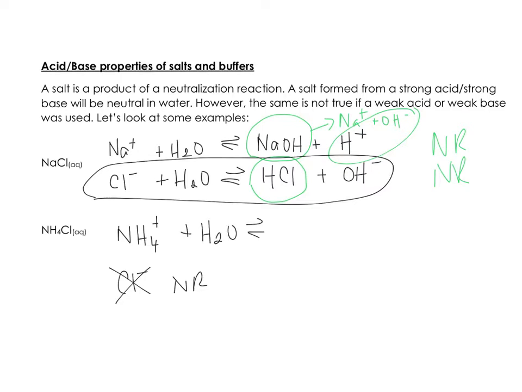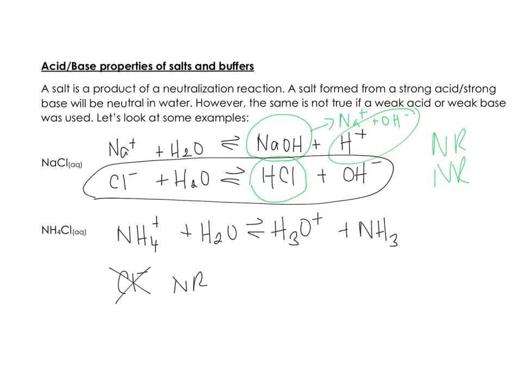Again, when you have a positive ion, you form an H plus. In this case, we're forming the hydronium ion, the formal H plus. So we will make hydronium ion and ammonia.